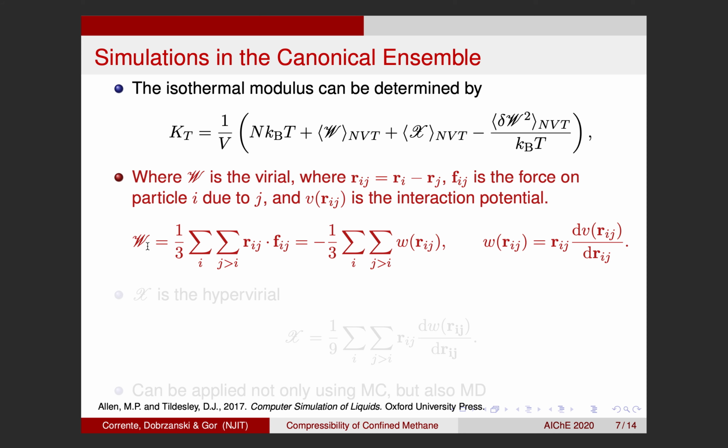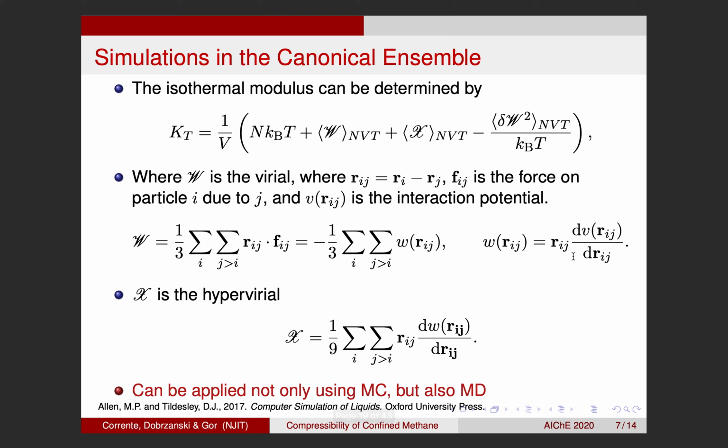The virial is obtained from the forces, and the forces are obtained from the derivative of the pair potential. What's important here is that, unlike the grand canonical ensemble, which can be used only with Monte Carlo simulation, the canonical ensemble can also be used with molecular dynamics simulations, which is a more universal tool.